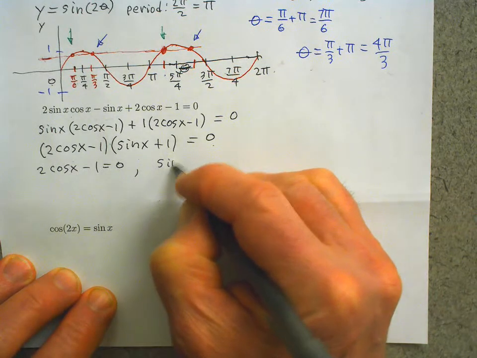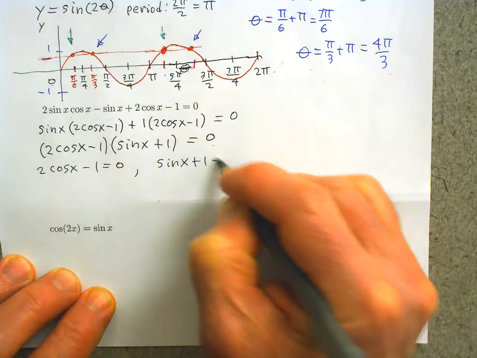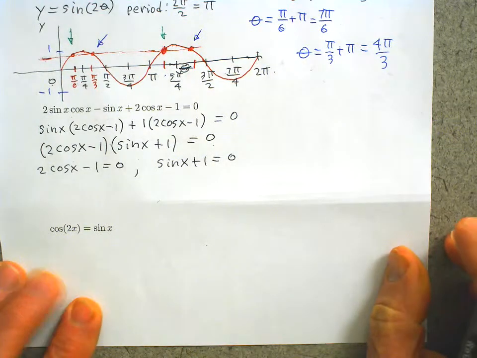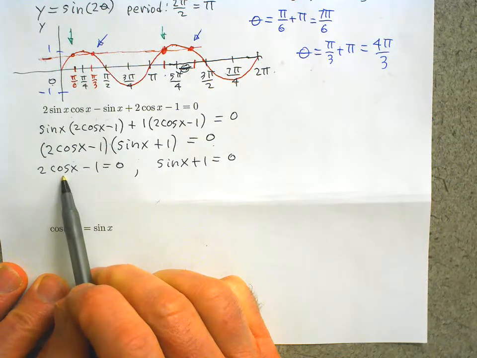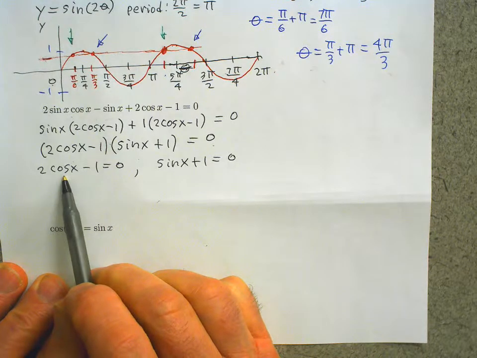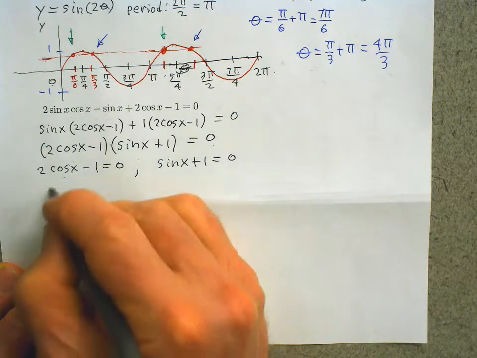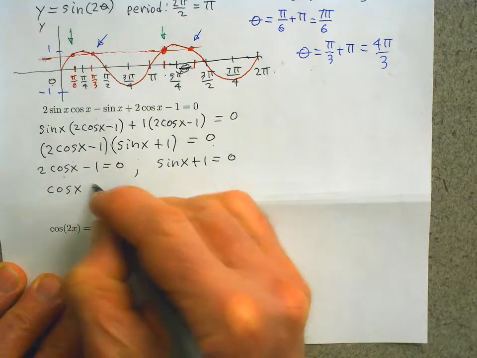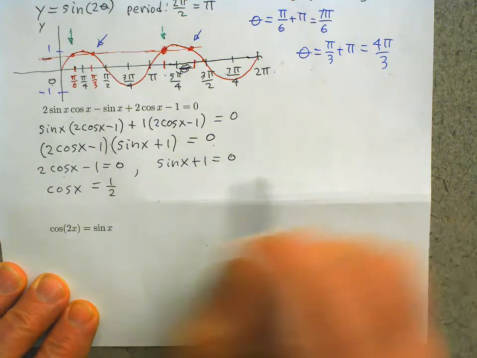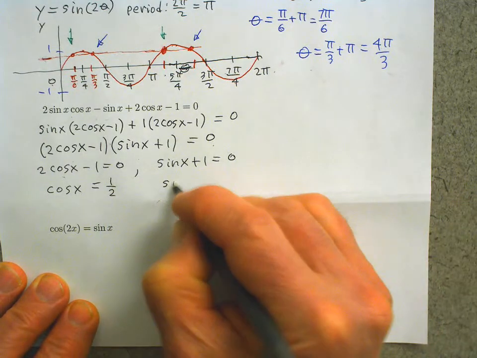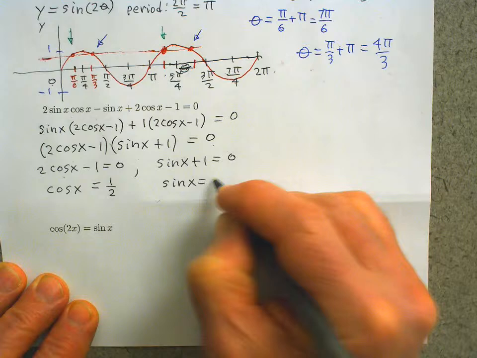The other factor is sine of x plus 1, so we set that equal to 0. And then if we add 1 and then divide by 2, we get cosine of x is equal to 1/2. And here we just subtract 1 from both sides. Sine of x equals -1.